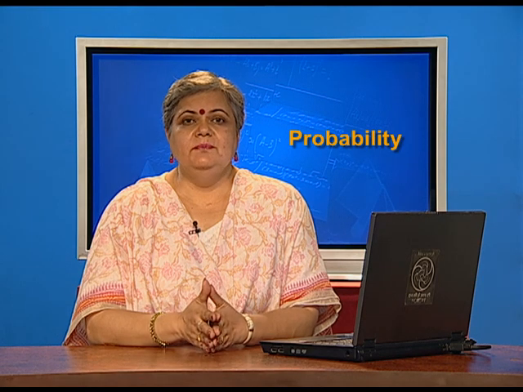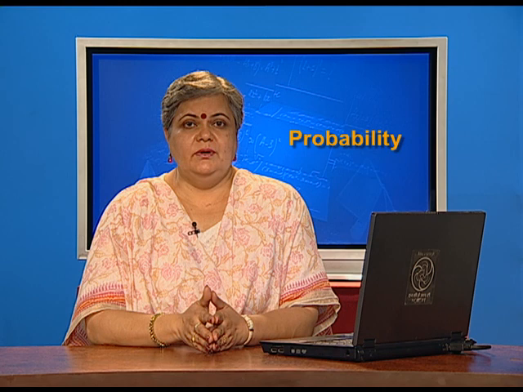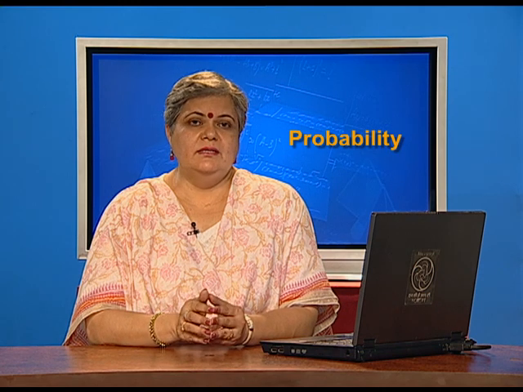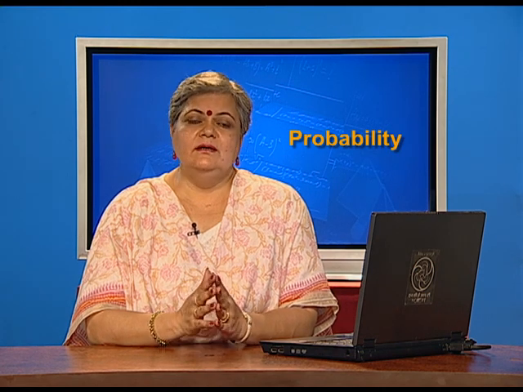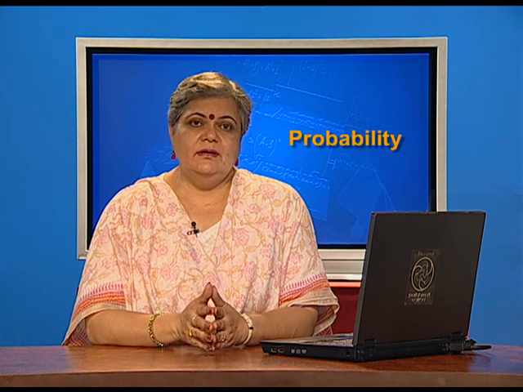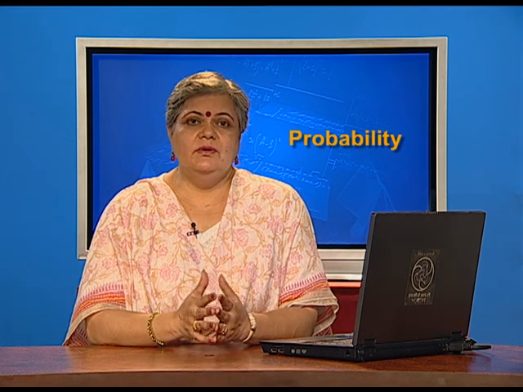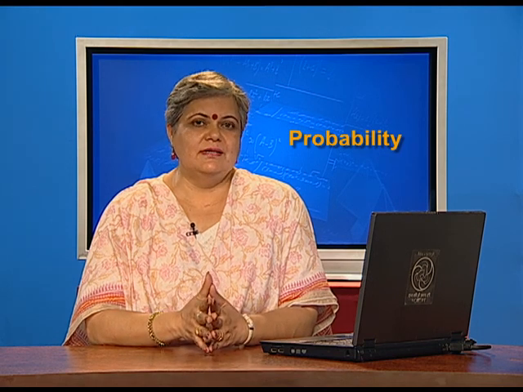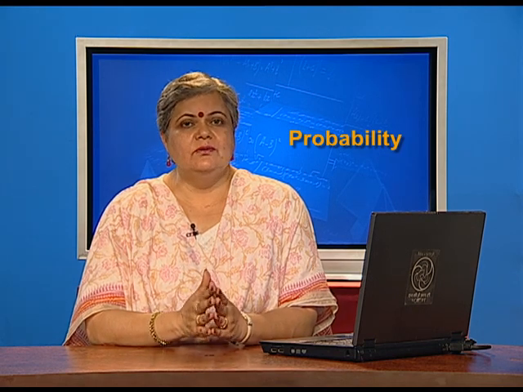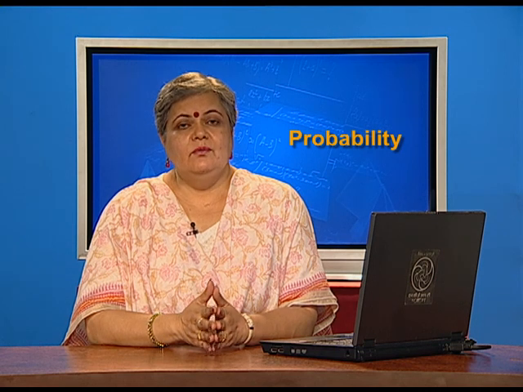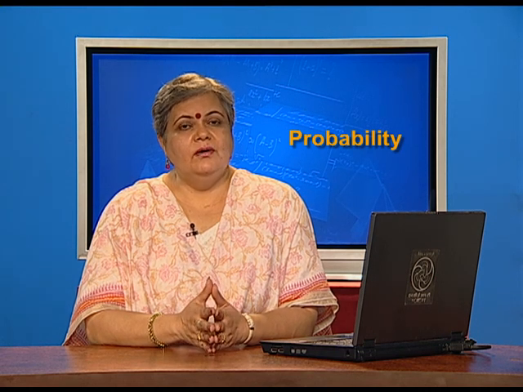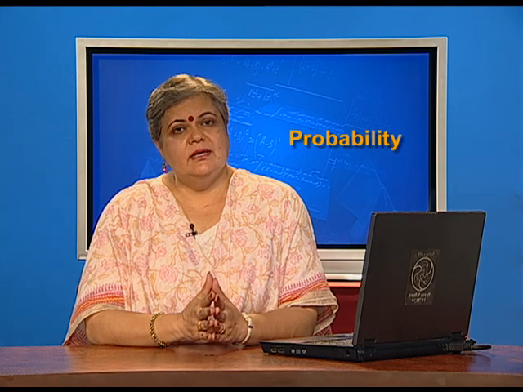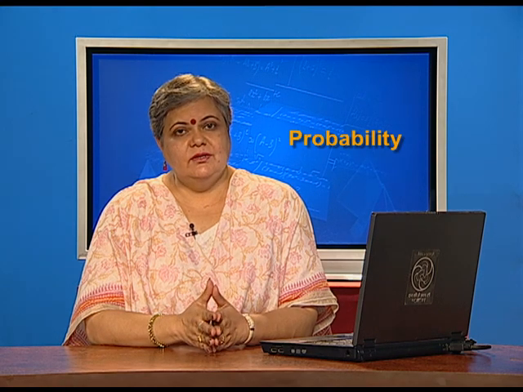So, this example illustrates how to calculate the mean and variance of a certain random variable. What you have done right now is simple calculation, but you do need to have a clear understanding of the basic rules of probability. We will continue with more on probability distribution in our next lesson.